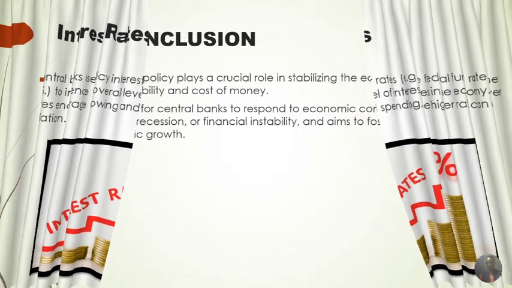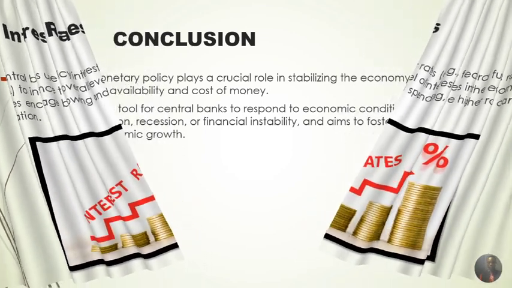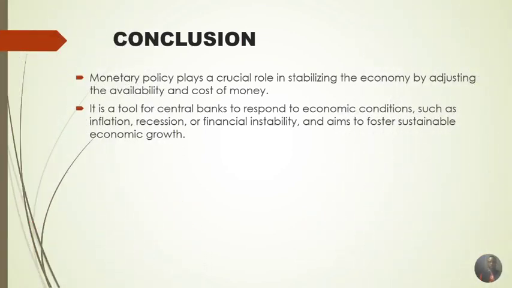Then in conclusion, we talked about open market operations and the discount rate. We have to understand that monetary policy itself is a demand side policy, of course, but it plays a crucial role in stabilizing the economy by adjusting the availability and the cost of money, because these are the two things that are crucial for running an economy.